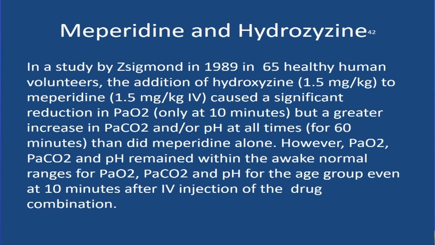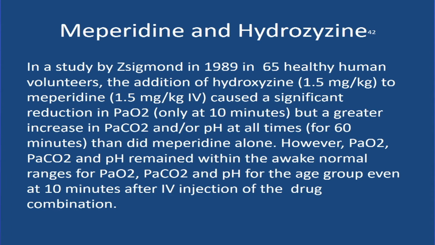In a study by Zygmunt in 1989 in 65 healthy human volunteers, the addition of hydroxyzine, 1.5 milligrams per kilo, to meperidine, 1.5 milligrams per kilo IV, caused a significant reduction in the partial pressure of oxygen only at 10 minutes, but a greater increase in PaCO2 and/or pH at all times for 60 minutes than did meperidine alone.